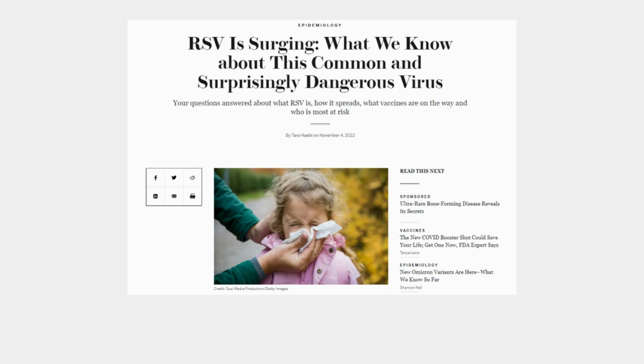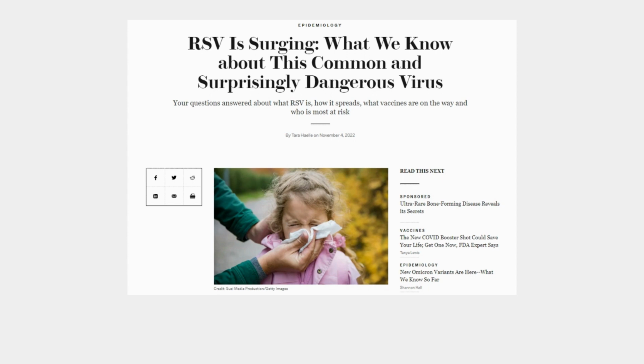RSV typically follows a seasonal pattern similar to the flu. And in the fall of 2022, there was a strong surge in RSV infections that was thought to have been partly the consequence of children being sheltered from exposure during the COVID-19 pandemic. Unsurprisingly, all of the same social distancing and mask wearing measures that protect against COVID-19 transmission also protect against RSV transmission.